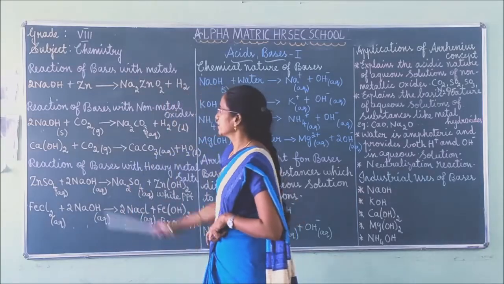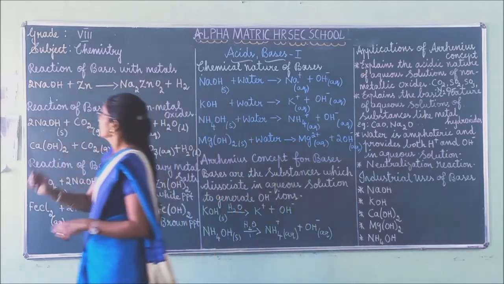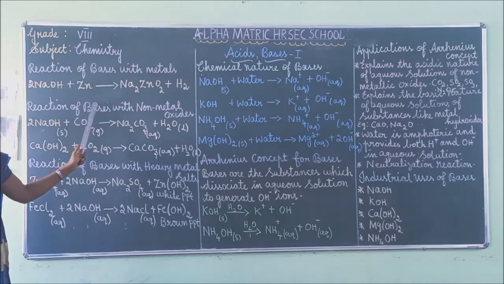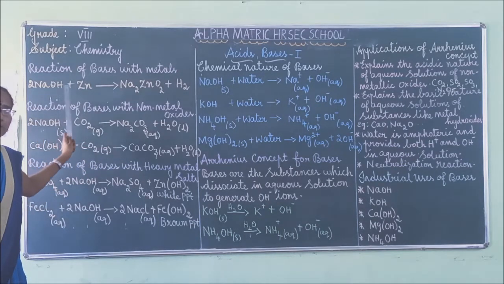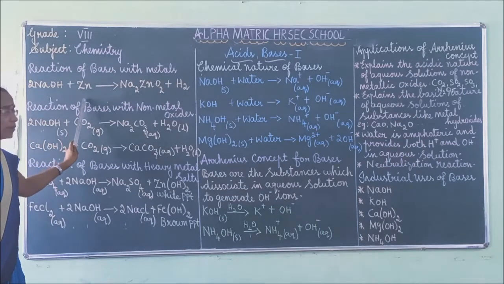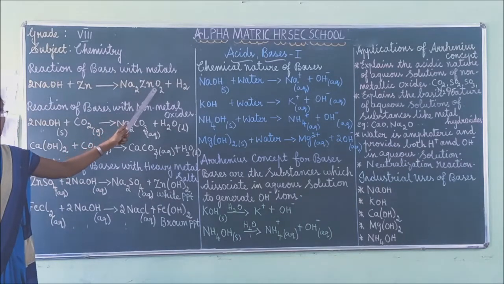Now we can see the reaction of bases with metals. Sodium hydroxide when it reacts with zinc. Zinc is a metal. Sodium hydroxide when it reacts with zinc, both react to form a compound Na2ZnO2.